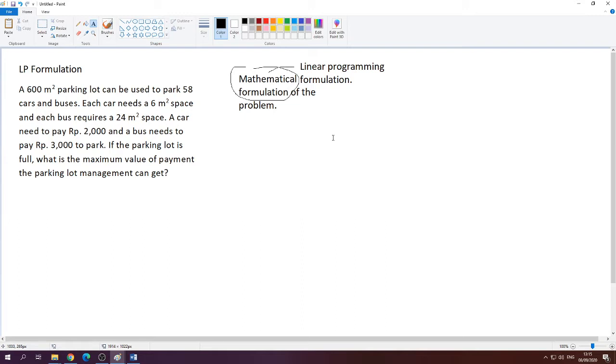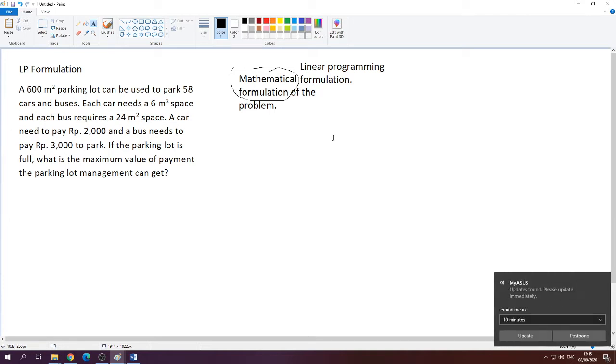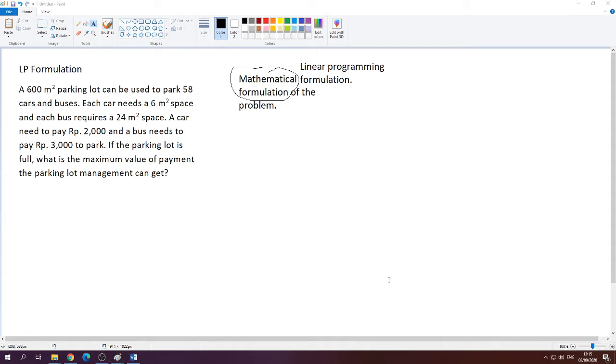Okay, so we will start from a very simple example, and I think I presented this example to you previously.